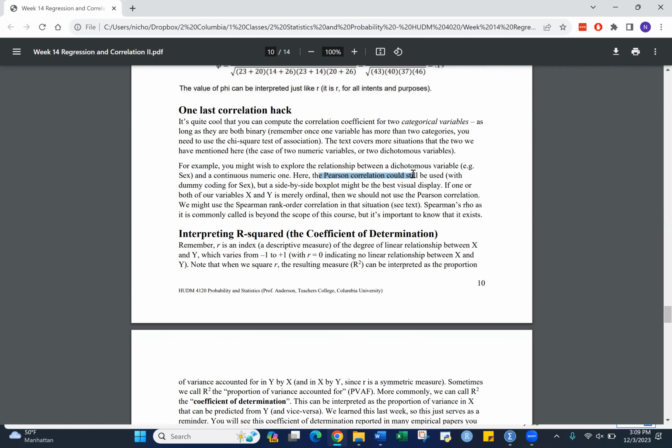So remember, if it's a binary and a numeric variable, you can use the independent samples t-test, as long as you satisfy those assumptions. But an alternative is to actually conduct a correlation test. So again, these two hacks come from the fact that once a variable is 0 or 1, you can't tell what its exact scale of measurement is, whether it's nominal, ordinal, interval, or ratio.